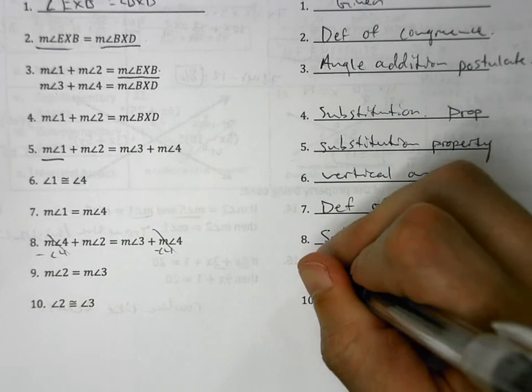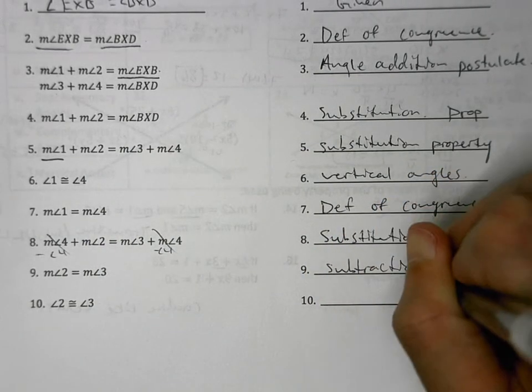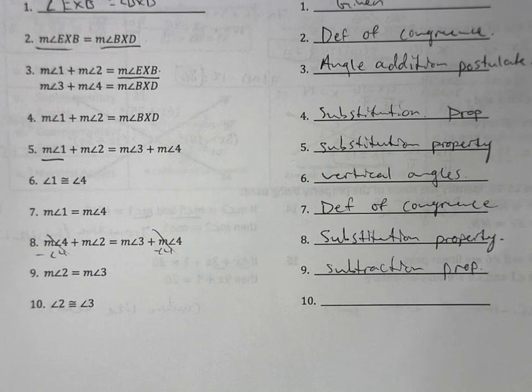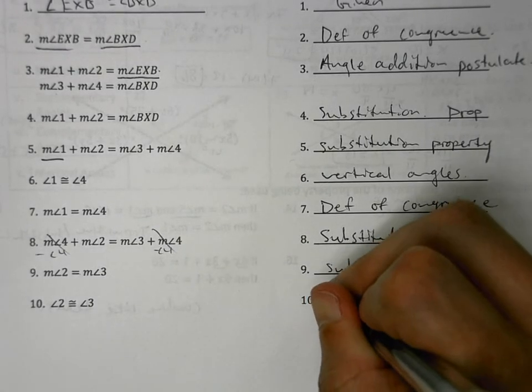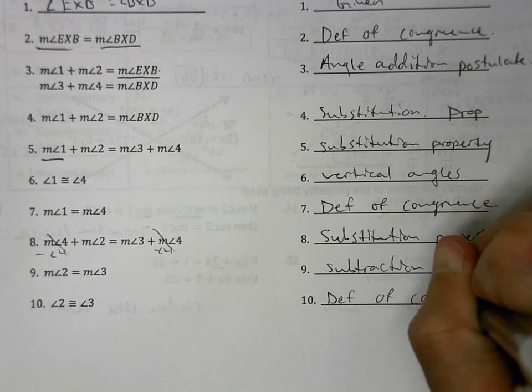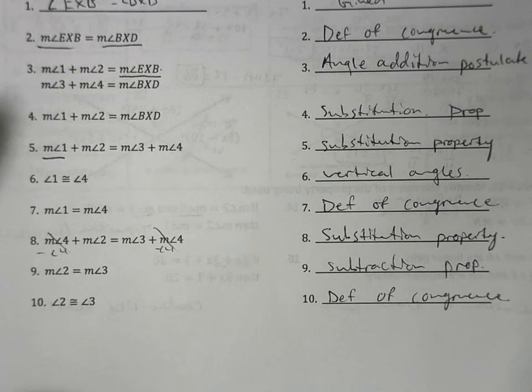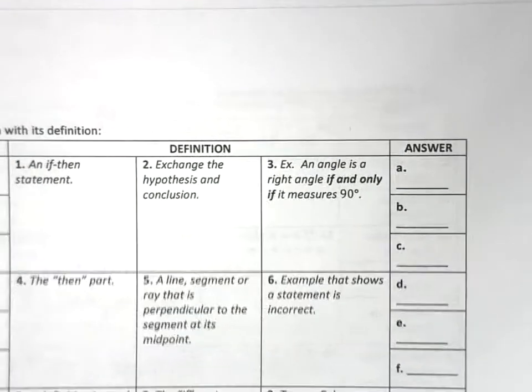So that's the subtraction property. And equal means congruent. So definition of congruence. That's the proof. Basically, we can just go through definitions here.